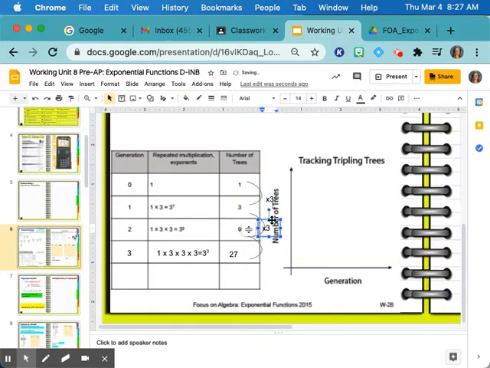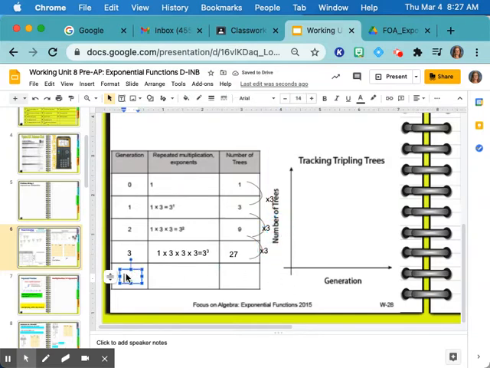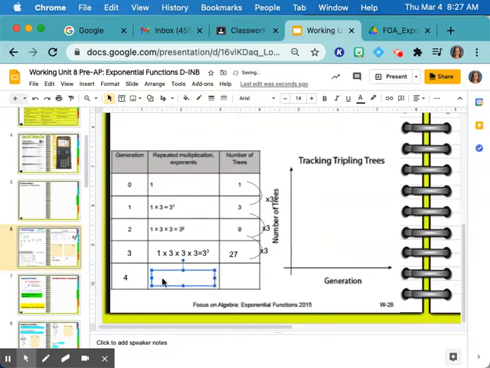Times 3 again. Okay, what about the 4th generation? 1 times 3 times 3 times 3 times 3. How many 3s do we have now? 4.